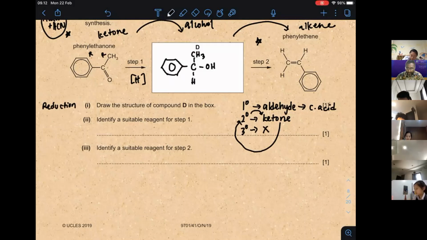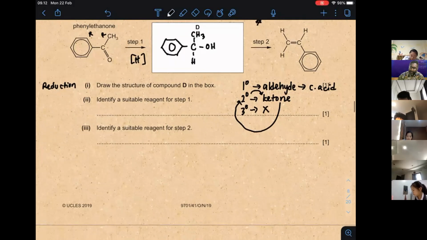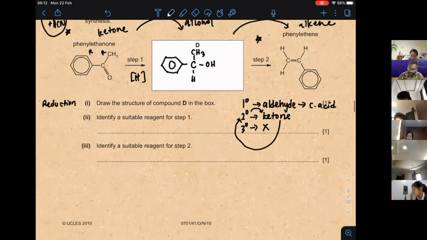Now please remember, when it comes to reduction, we can have a simple reduction, like ketone to become alcohol, or aldehyde to become primary alcohol. You can use any reducing agent, but whenever you are trying to reduce carboxylic acid to become primary alcohol, then you need a stronger reducing agent. Please remember that.